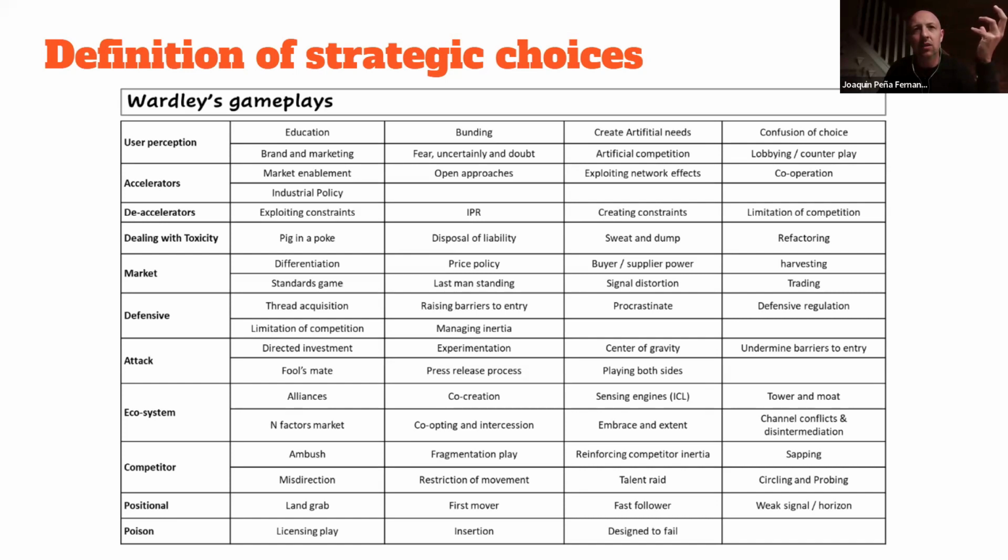In the case that we are working on, we can try to understand, okay, user perception, I need to educate my users, I need to understand what is happening, I need to look for alliances, I need to understand who with this new technology are the first movers, who are the fast followers, because at the end of the day, we need to pick which type of company we are going to be in our use of LLMs. We need to figure out many questions about that. The gameplays can help us to orient ourselves about the different topics that we should be thinking about.